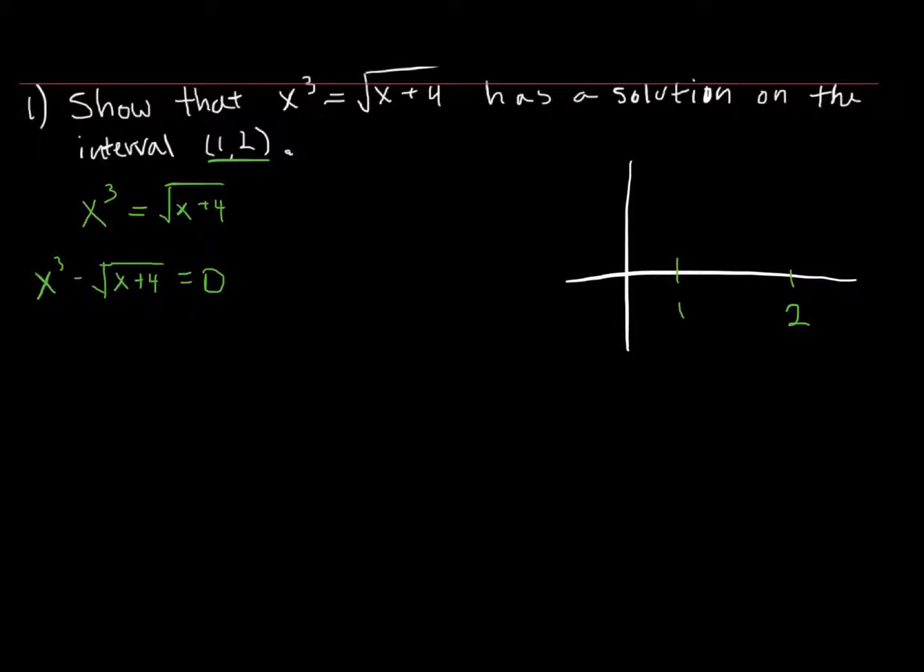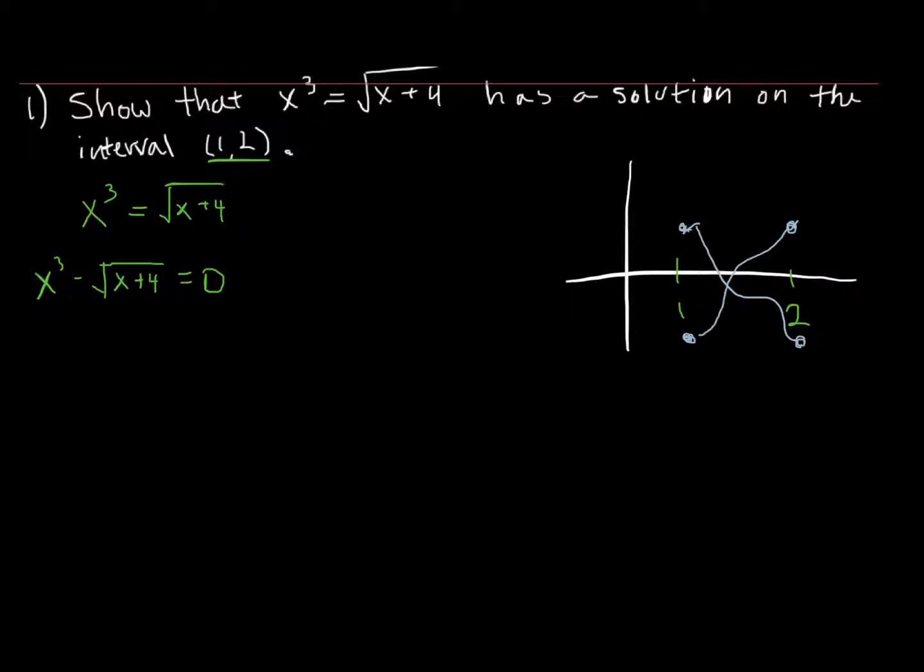And with the intermediate value theorem, all we need to be true is that this function be continuous, and either at some point it goes from negative to positive, or goes from positive to negative. Because then we'll know for sure somewhere in between it has to hit the x-axis.